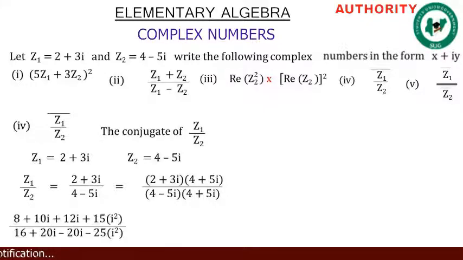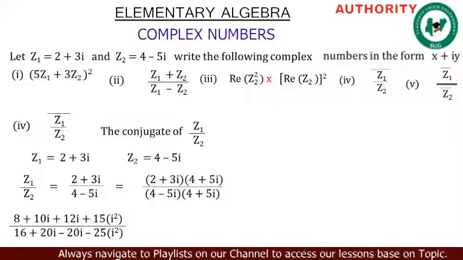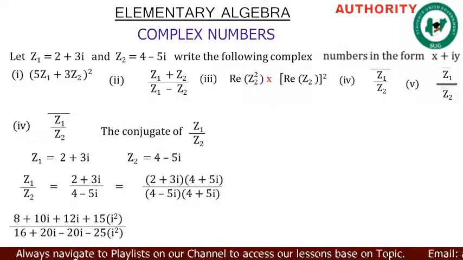So when you multiply the numerator, you're going to have 8 plus 10i plus 12i plus 15i squared all over 16 plus 20i minus 20i minus 25i squared. Now in our numerator, we have 10i plus 12i is going to give us plus 22i, and then 15i squared.